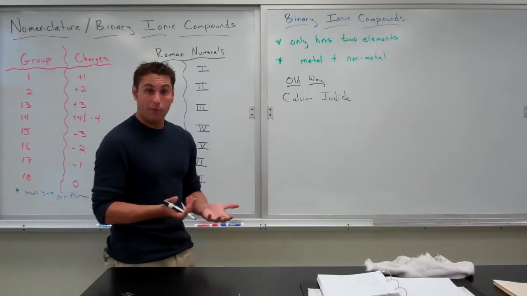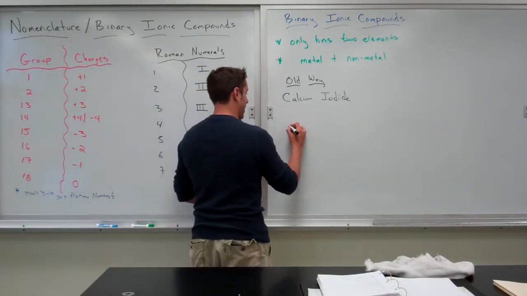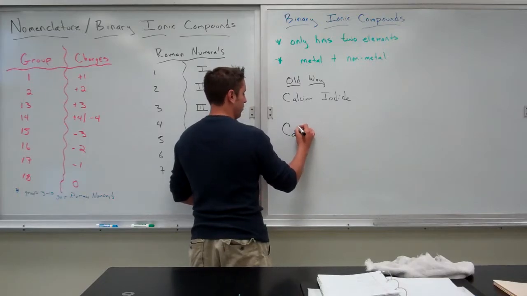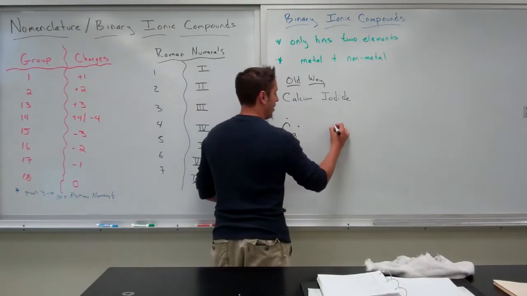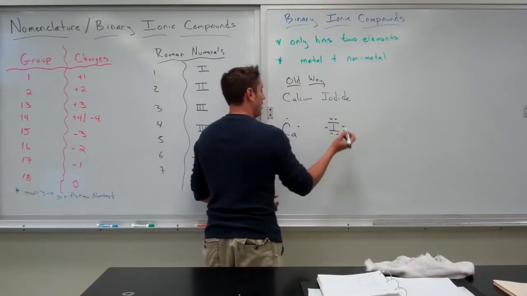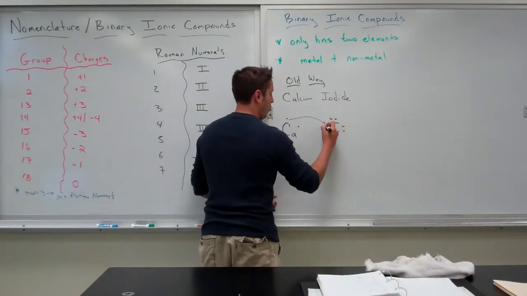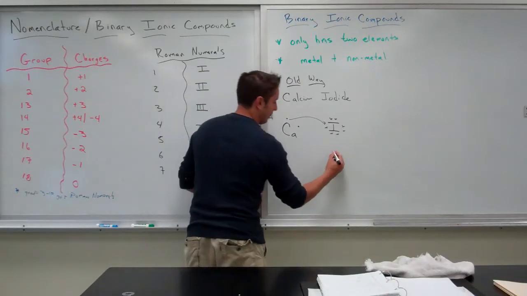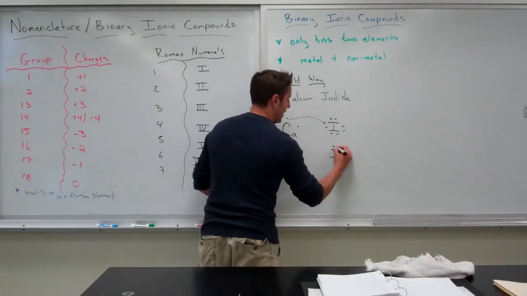Right? We have to do a before and after picture. So you would say I've got calcium with 2 dots, I've got iodine with 7. Right? Iodine needs to gain 1, so it does, but calcium has 1 left, so we have another iodine come in.